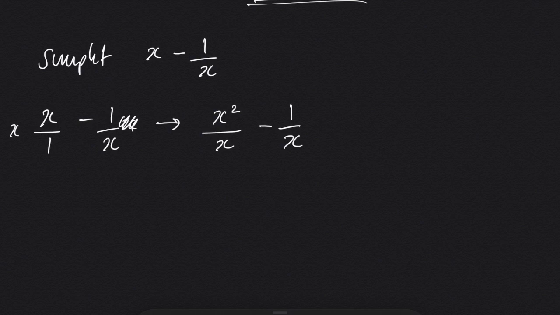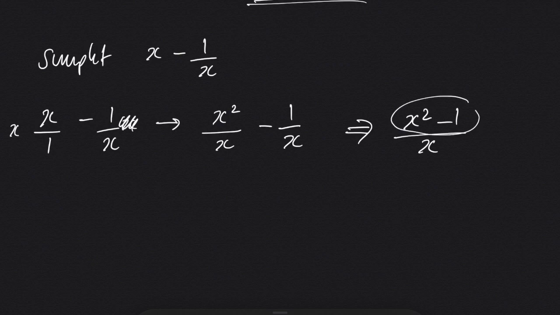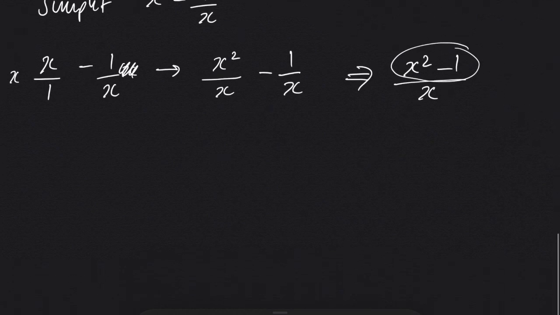And what we actually have here is something similar to what we had previously. So we say x squared minus 1 divided by x. It's also possible, as we saw previously, to factorize this into a set of brackets.